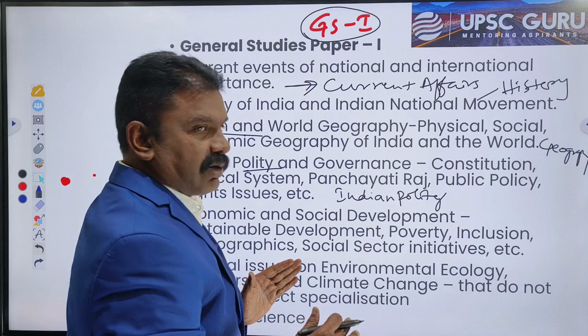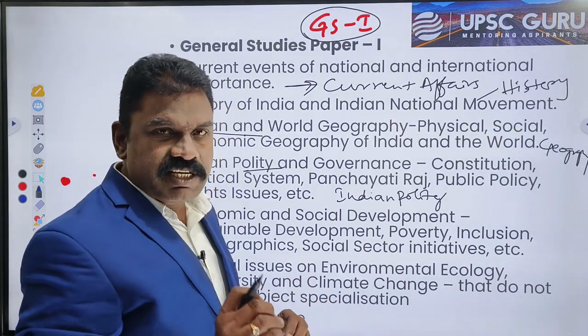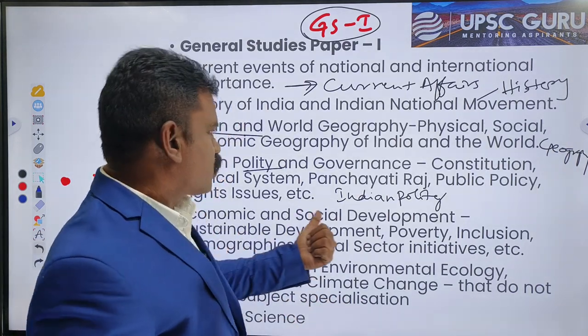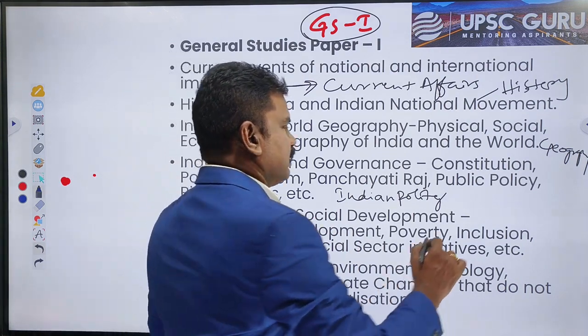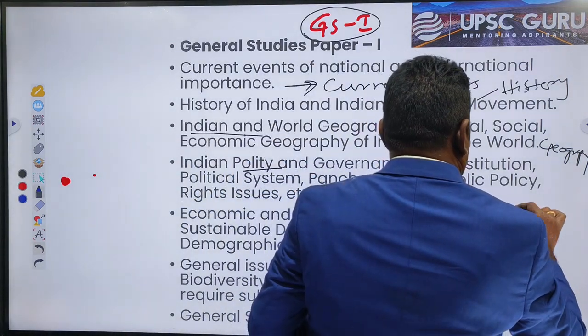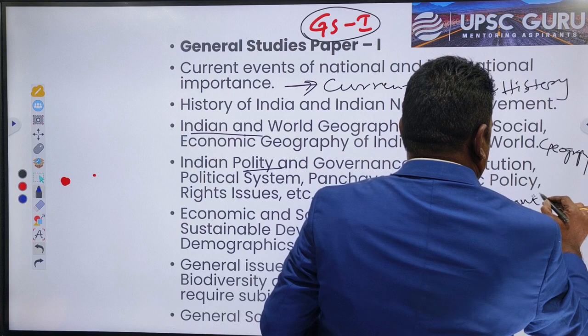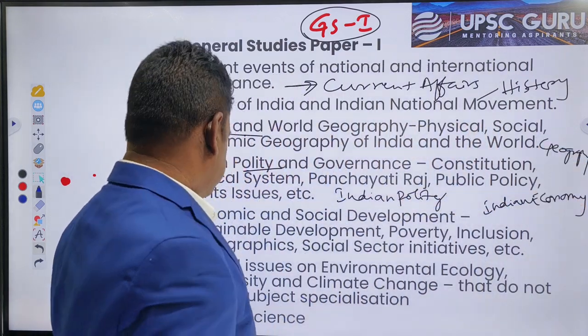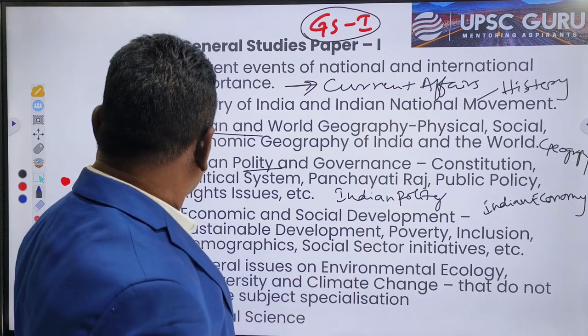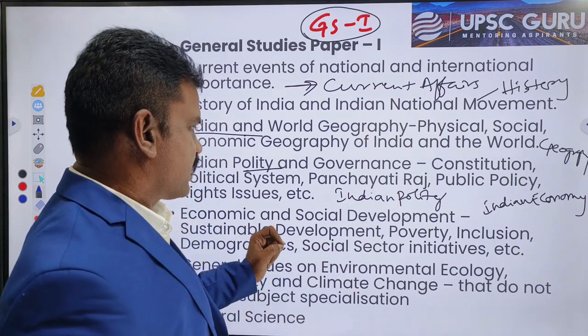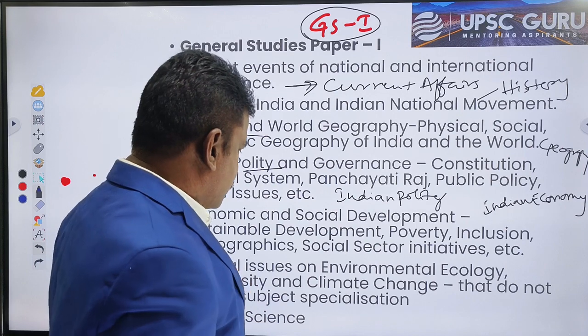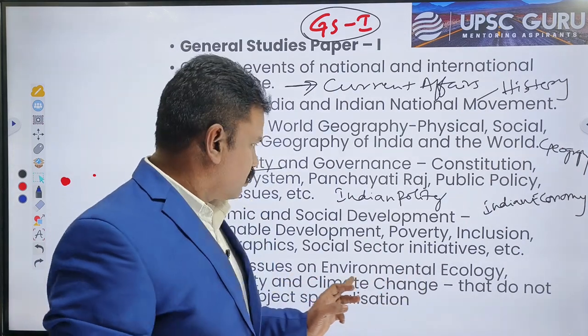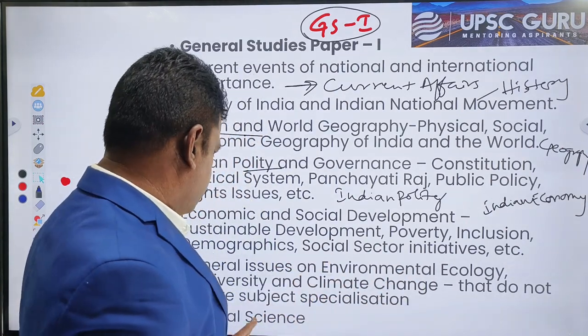Another component of GS paper 1 is economic and social development. It is simply called Indian economy. Economic development, social development, and the social sector, all these things. And general issues on environment: this is environment and ecology.